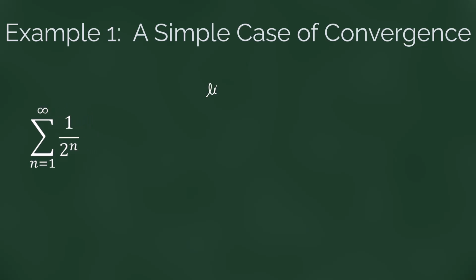So we're going to examine the limit as n goes to infinity of the nth root of the nth term. Well, in this case, the nth term is just 1 over 2 to the n. So we're looking at the nth root of 1 over 2 to the n.